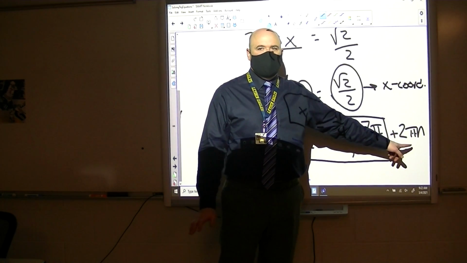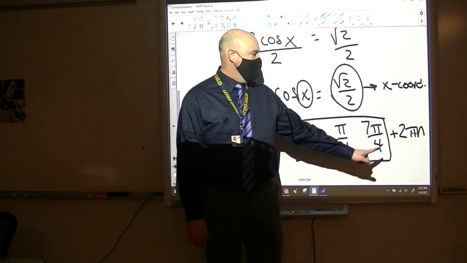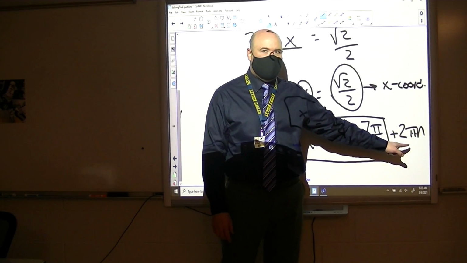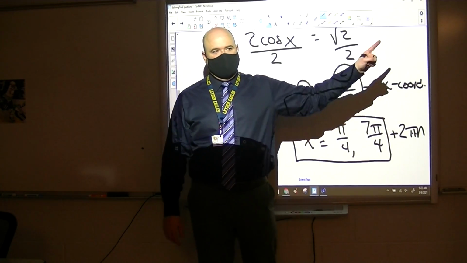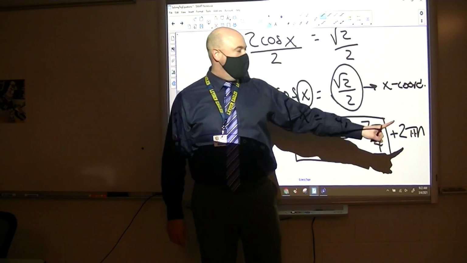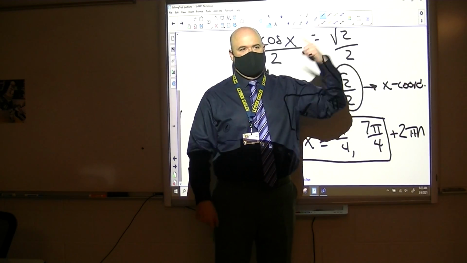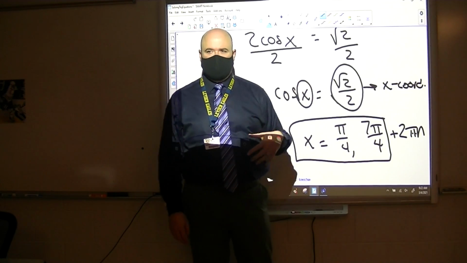Writing plus 2 pi n is our way of saying we could also add a full rotation of the unit circle a certain number of times and still end up in that space. We could go around 1 time and that would be adding 2 pi. We could go around 2 times and that would be adding 4 pi. We could go around 3 times, so on and so forth.